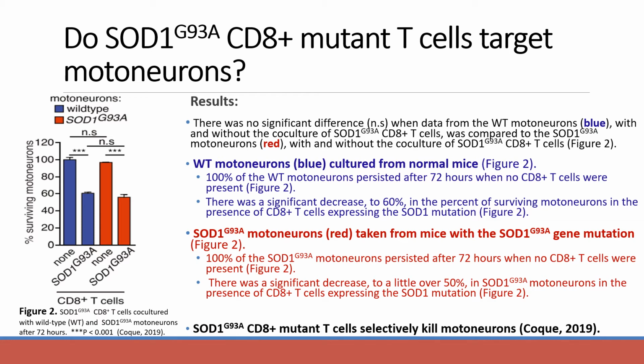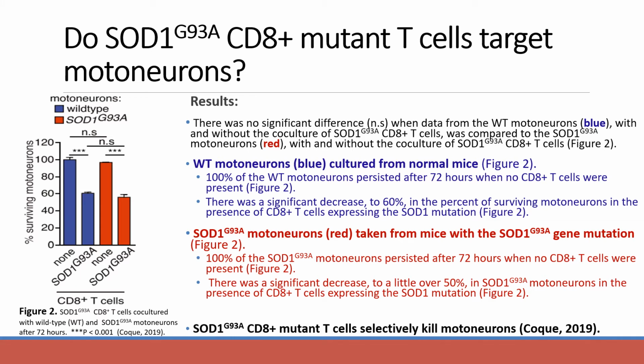SOD1 motor neurons would be the red bars, and those are taken from mice with the SOD1 gene mutation, kind of like how I had mentioned before. They're taken from these mouse models that have the gene mutation.